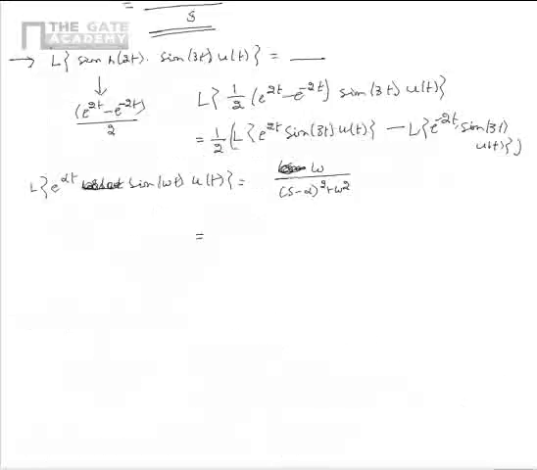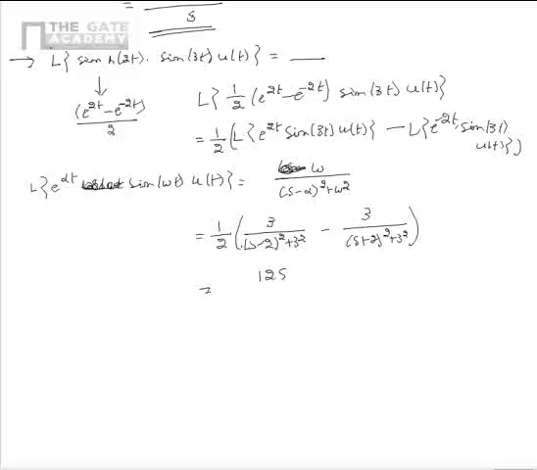From this, the required Laplace transform can be written as half multiplied by 3 divided by s minus 2 whole square plus 3 square minus 3 divided by s plus 2 whole square plus 3 square, which upon simplification finally becomes 12s divided by s power 4 plus 10s square plus 169.